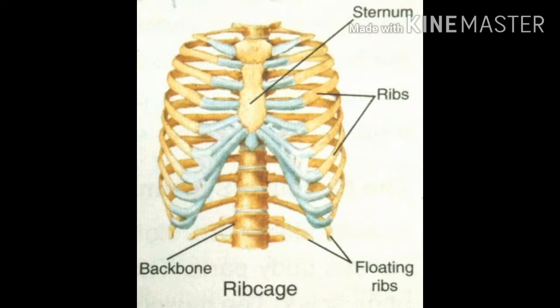The chest bone we also call the sternum. The 10 pairs of ribs on both sides are joined to the chest bone.